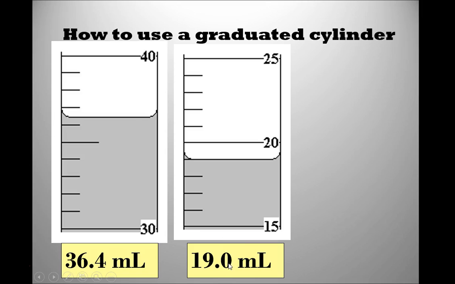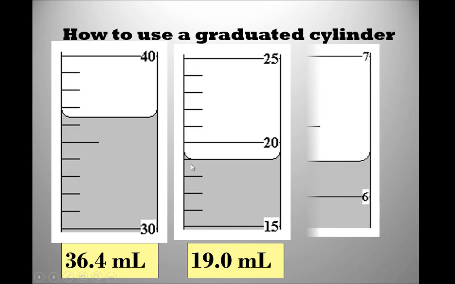If you just wrote that as 19, if somebody was reading a lab report that you wrote, you would not be representing the accuracy or the precision of the equipment that you used. Right? So you have to include that last estimated digit. When it lands right on the line, it's very easy to forget to do that.